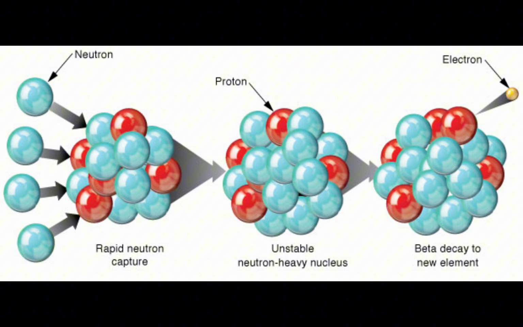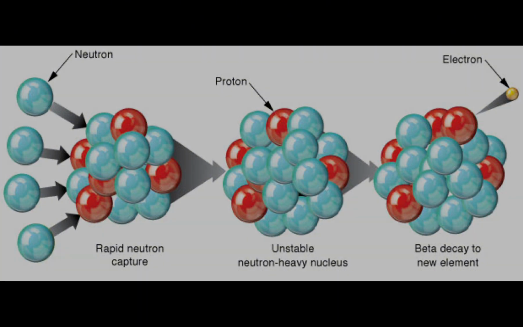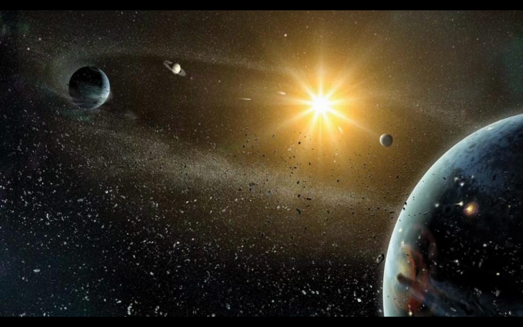The cycle of rapid neutron capture and beta decay allows the creation of elements heavier than iron, for example gold, platinum, uranium, and thorium. Through a supernova explosion, newly formed elements can be ejected into space, where they become part of the interstellar medium. With time, these materials are turned into new stars, planets, and even other celestial bodies throughout our universe.